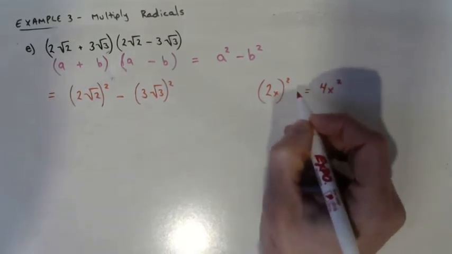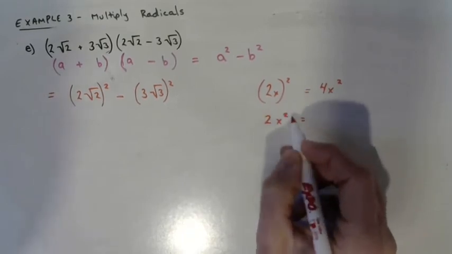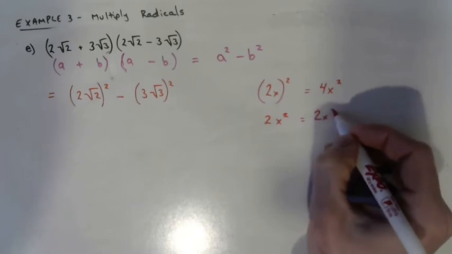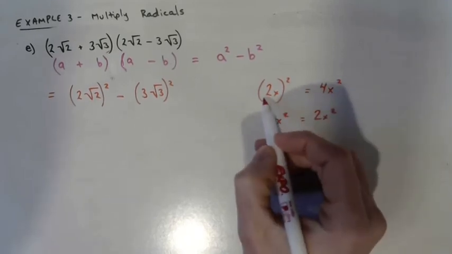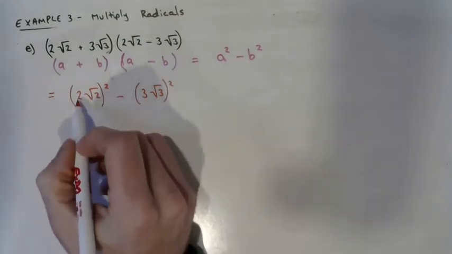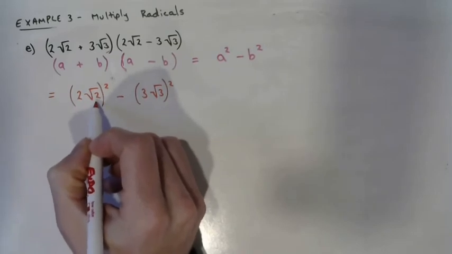Both pieces get squared. Okay, that's different than this. In this situation, the exponent only belongs to the variable. In this situation, the exponent belongs to both pieces, okay? That's just to help us understand that here we actually have 2 squared times the square root of 2 squared.